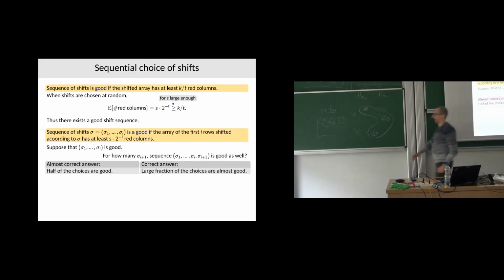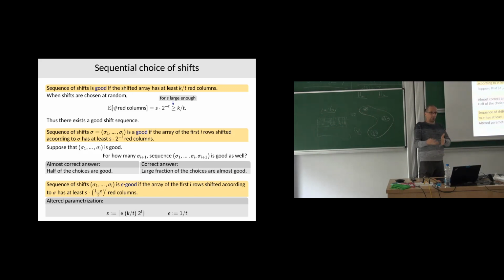Almost good means that we lose half of the columns and maybe something a little bit more, but not much. And if we allow ourselves to lose a little bit more, then the number of good candidates for the next shift is large. Large means some constant.